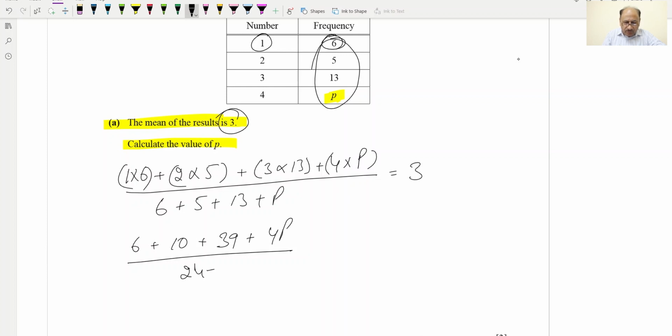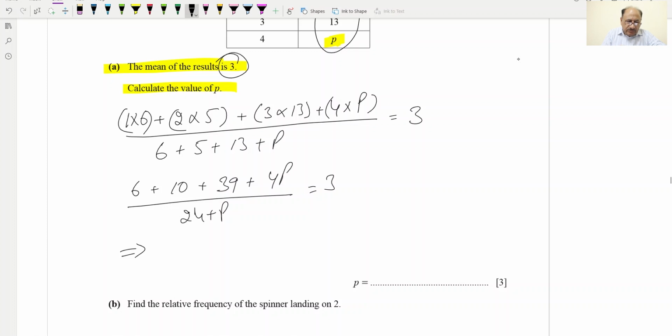So 24 plus P, and this is equal to 3. So this implies we can basically add these. 6 plus 10 will be 16, and 16 plus 39 will be 55. So 55 plus 4P is equal to 3 into 24 plus P.